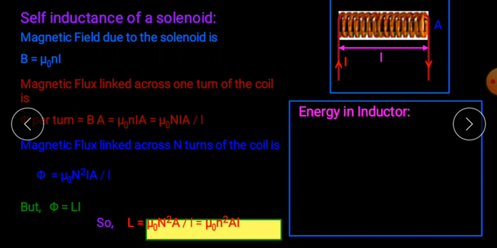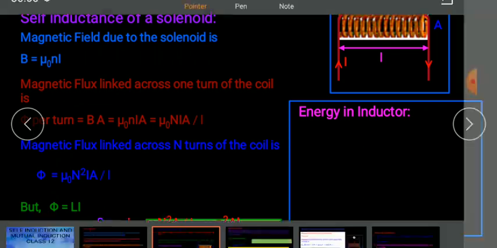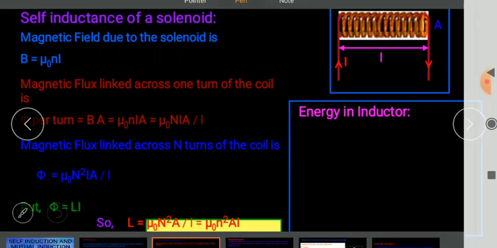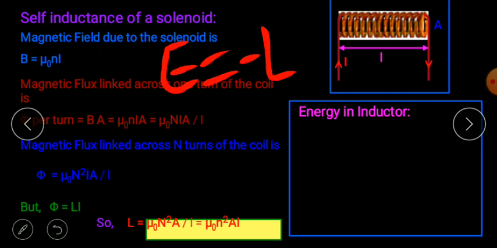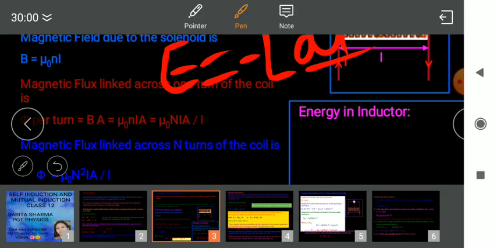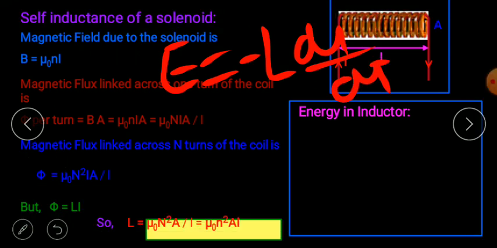Let I be the current in the inductor L at any instant t, after it starts to grow. The instantaneous self-induced EMF across the inductor is equal to minus L di over dt.